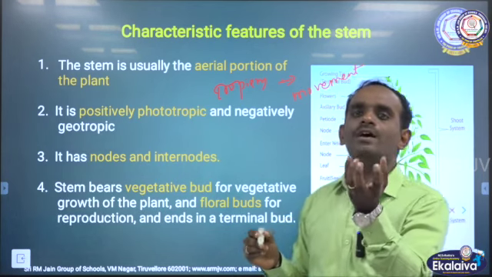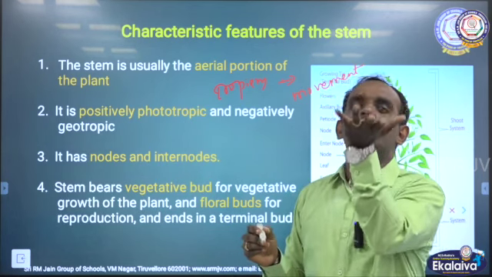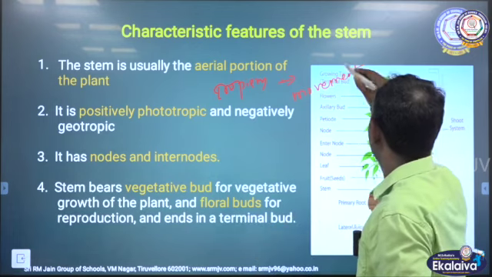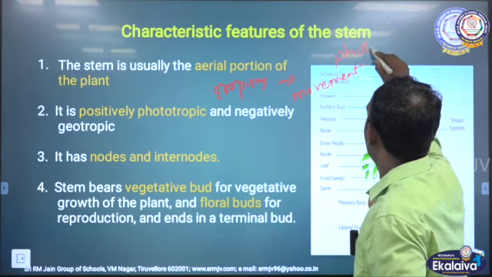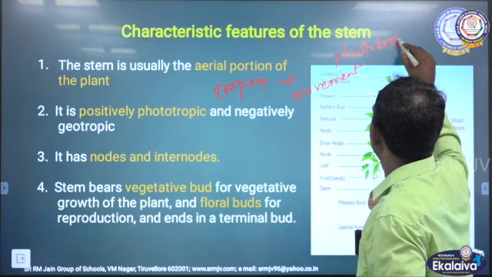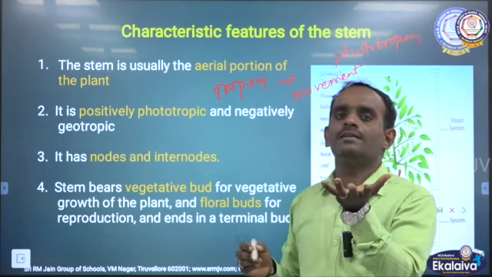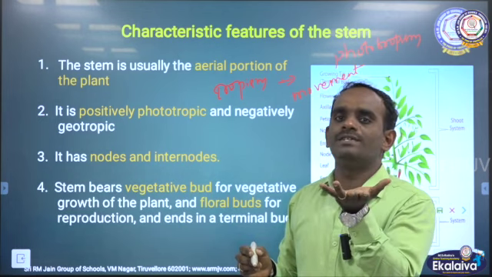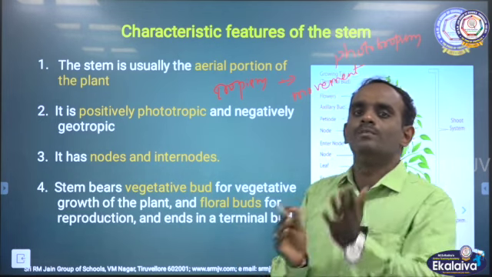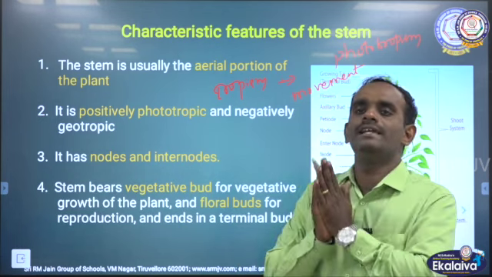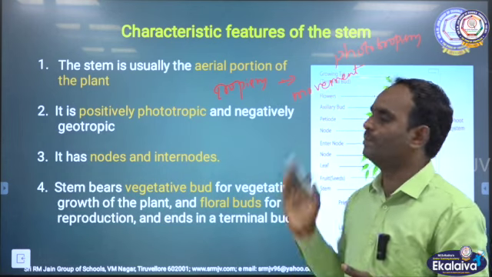The plant part moving towards the sunlight is said to be phototropism. So which part shows positive phototropism? Shoot only moves towards the sunlight, so it is said to be positive phototropism.